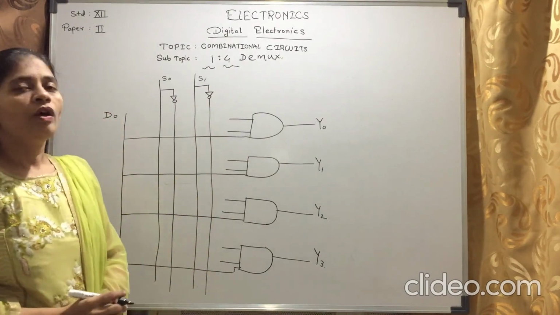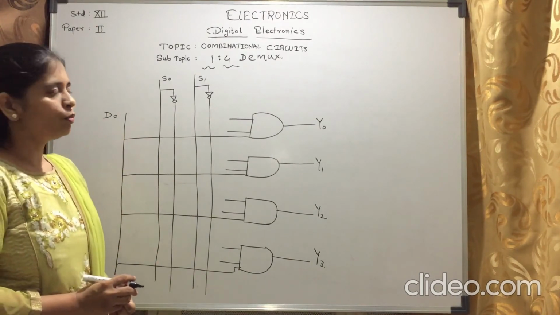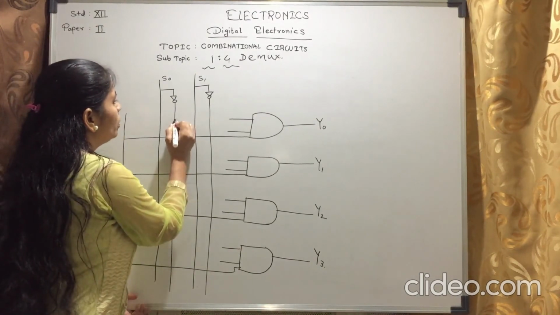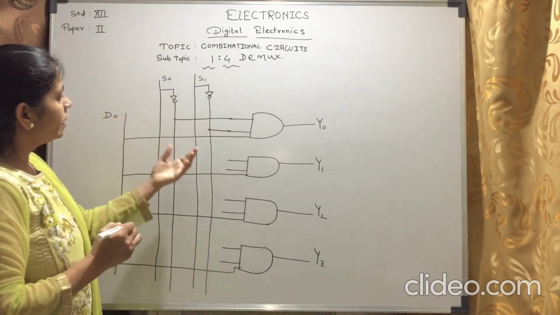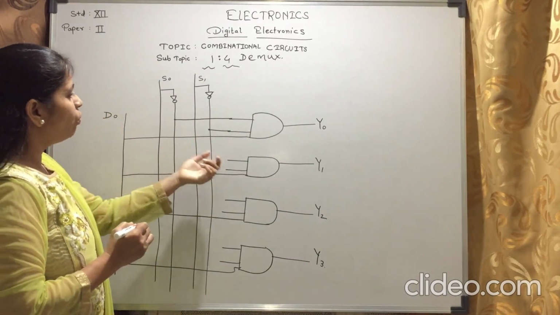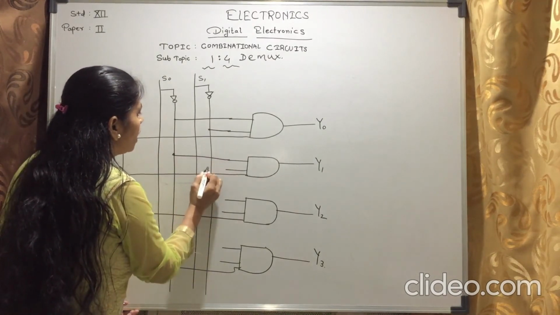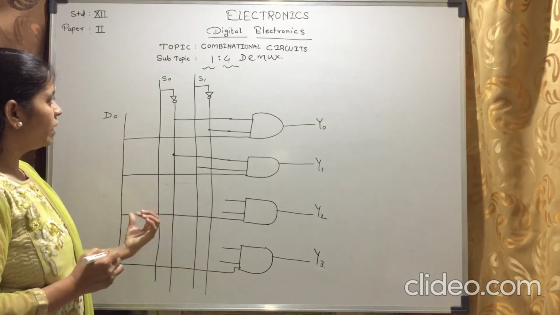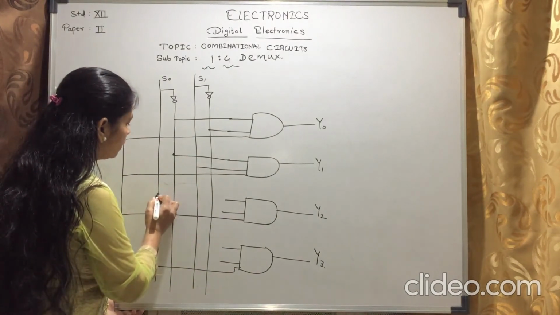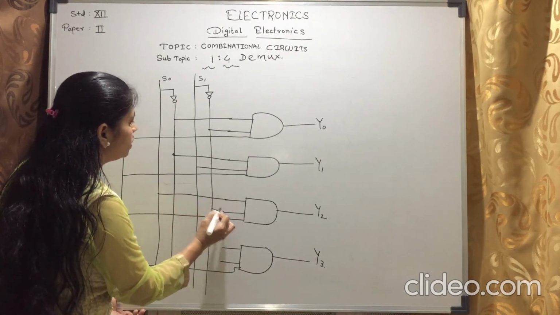Now we have to give the inputs. So the first input is what? First input is 0 0. So here we have to connect 0 and 0. Then the second input is 0 1. So we connect here 0 and here 1. Then the next input is 1 0. So we connect here 1 and here 0.